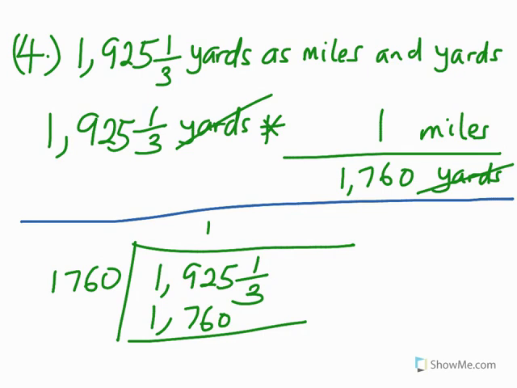So I have my remainder 165 1/3. The quotient is the bigger unit, 1 mile, 165 1/3 yards. Okay. I hope you saw what I wrote. And that becomes our answer.